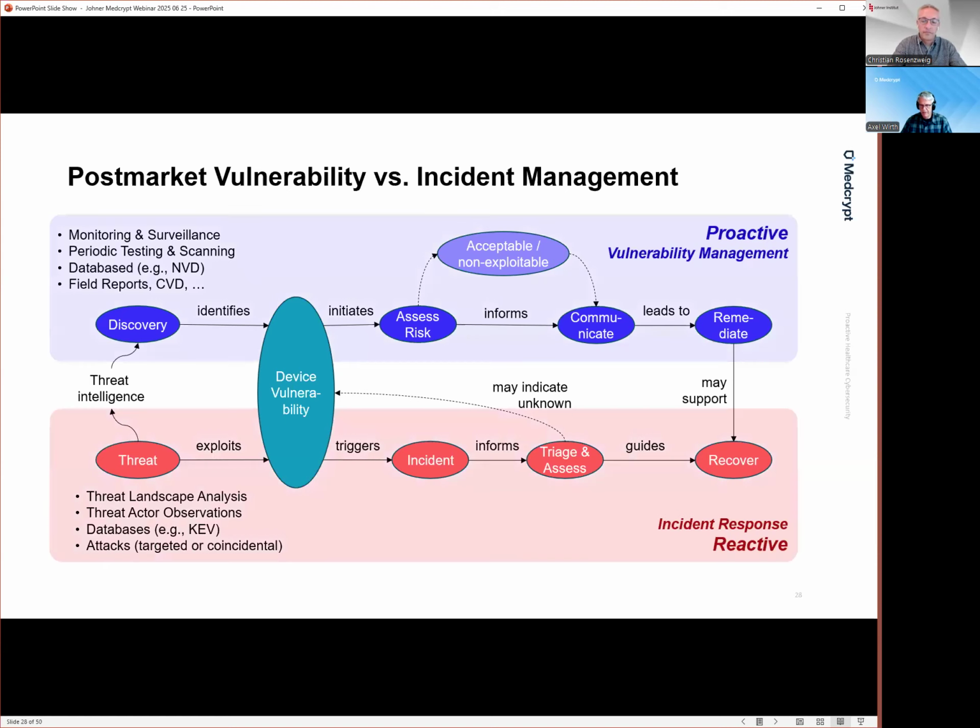So we have at the top a proactive process where you're trying to reduce the number of exploitable vulnerabilities in fielded devices, whereas at the bottom, that is the reactive process where you deal with vulnerabilities that you may have missed and that you only uncover when they get exploited. And again, those two processes are very different, but there are some very distinct touch points between those two.